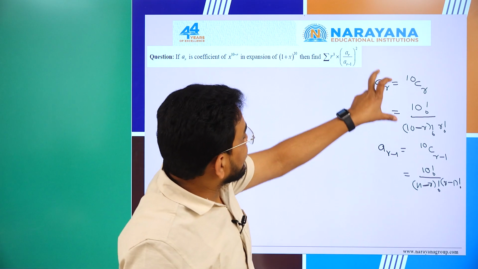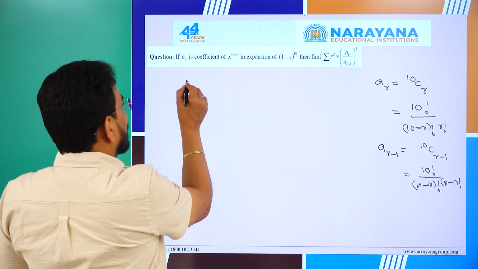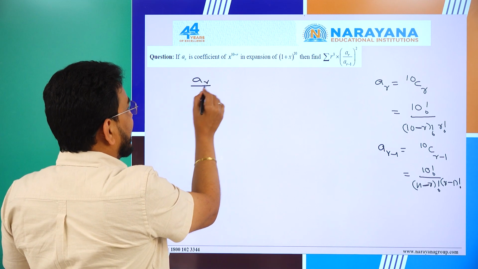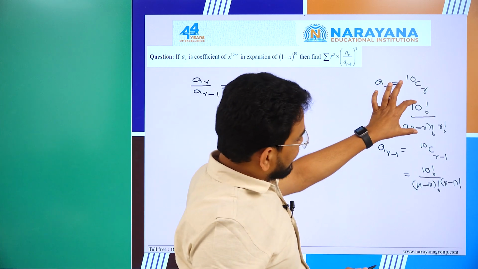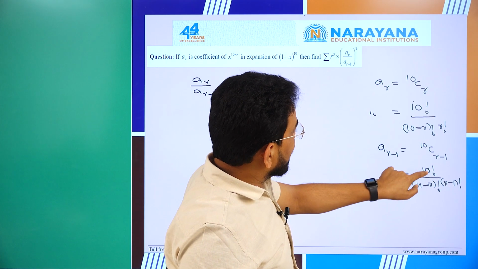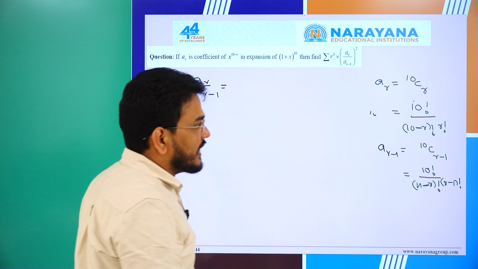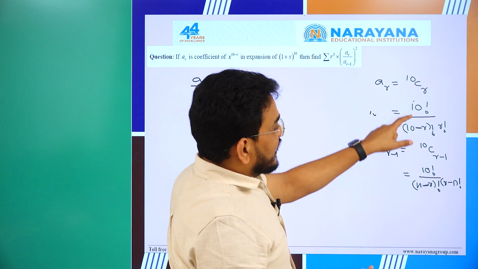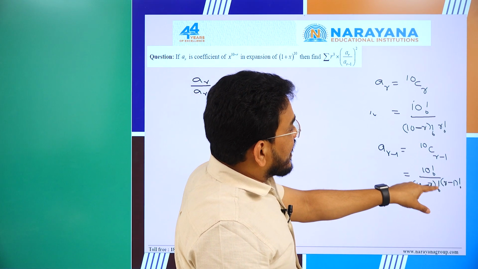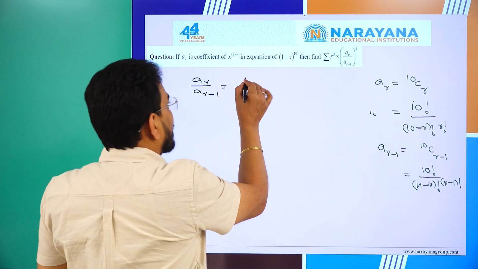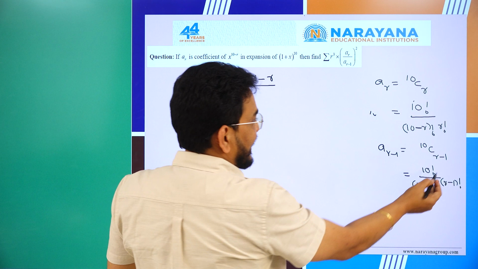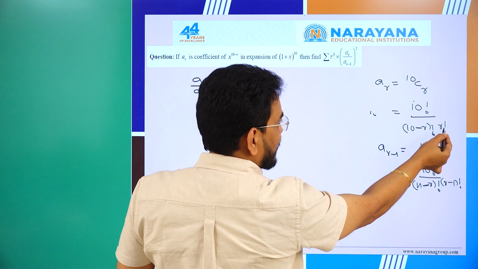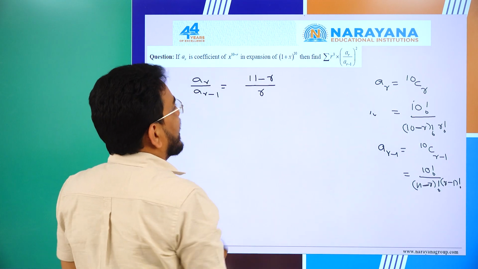So let us concentrate on what is the value of AR by AR minus 1. So you need to take this by this. 10 factorial will be eliminated. And here this one by 11 minus r factorial by 10 minus r factorial will be equal to 11 minus r by, here r minus 1 factorial r. So you will be getting r.